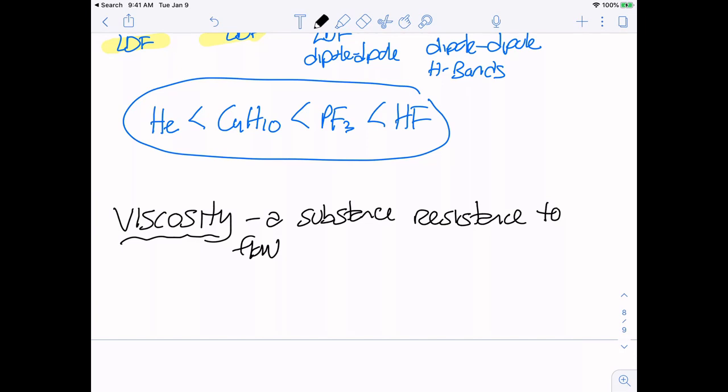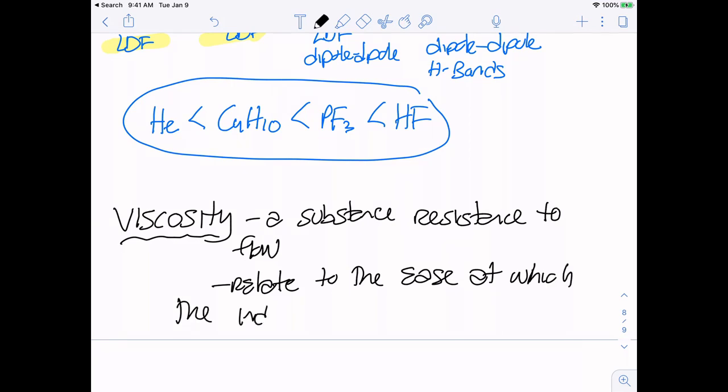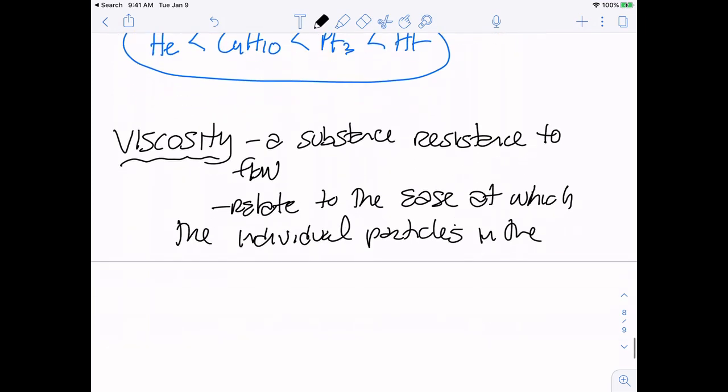So it's related to the ease at which individual particles in the liquid can move around.